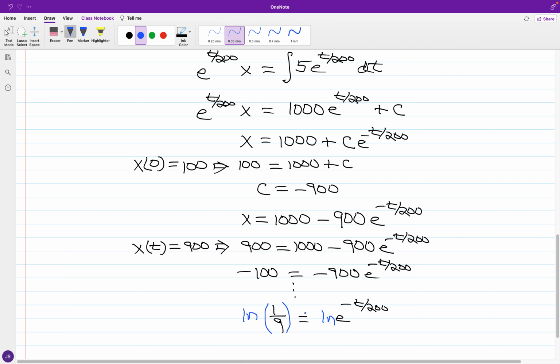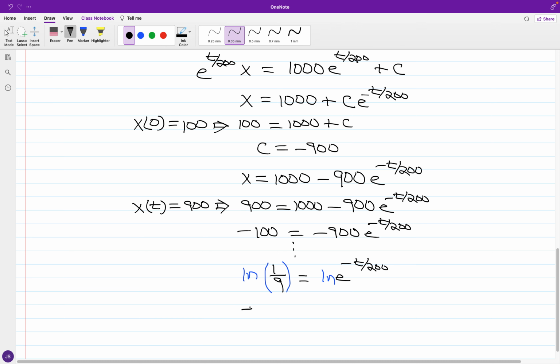For the natural logarithm of 1/9, among the first digits, you get negative 2.197, and that's equal to negative t over 200.